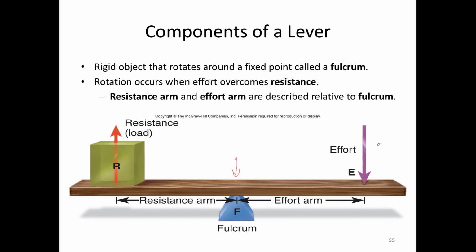So if the amount of effort I apply this way is more than the resistance, I'm going to get a deflection of my seesaw this way. If the resistance is greater than the effort, I'm going to get a deflection of my seesaw in this direction. So if you've ever been on a seesaw or seen one, this should make kind of intuitive sense. And the same components are true of a lever system in the case of muscles.